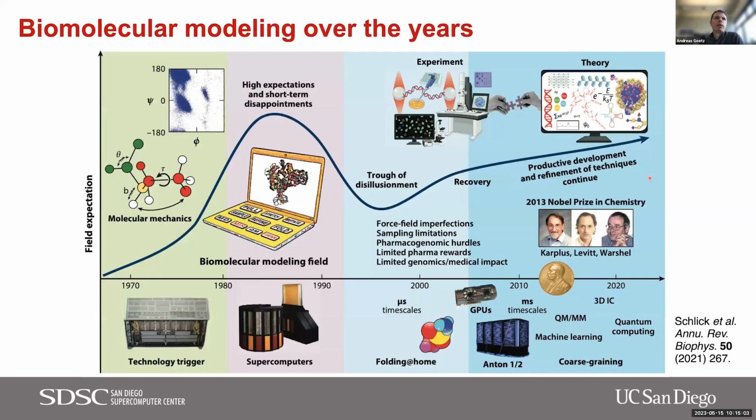And overall, biomolecular modeling has been gaining a lot of interest over the years. And there was a lot of hype in the early 80s. It went down after the 90s, where people realized, well, it's great, we have these supercomputers, but the simulation timescales and what we can do with those computers is interesting, but cannot yet really solve challenging scientific problems.